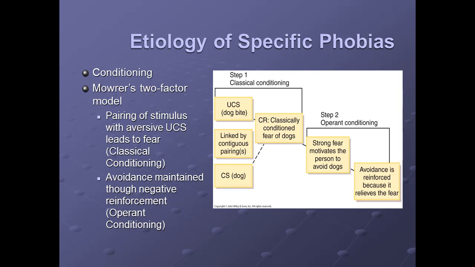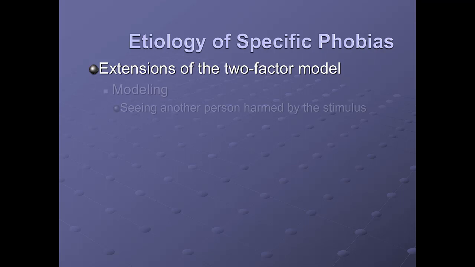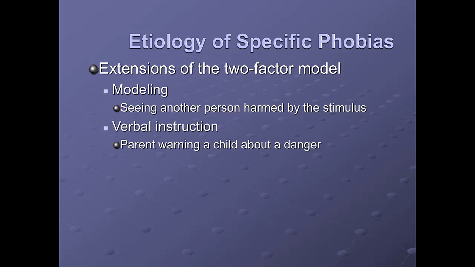So what are some other ways that a person can develop a phobia? Well, modeling and verbal instruction are other ways. If our friend had ever seen another person harmed by a dog, or nipped by a dog, this is going to reinforce his fear of dogs. If he's ever gotten any verbal instruction, any warnings about dogs, or been told to avoid dogs, that might continue to add to the development of a phobia towards dogs.